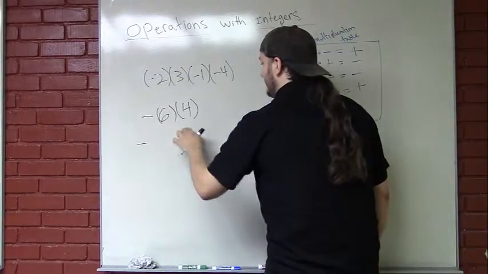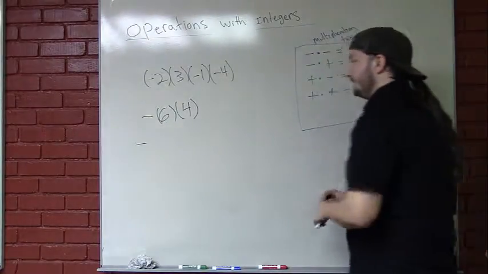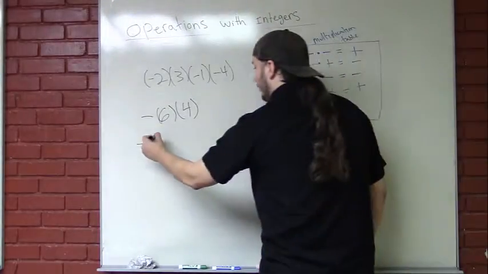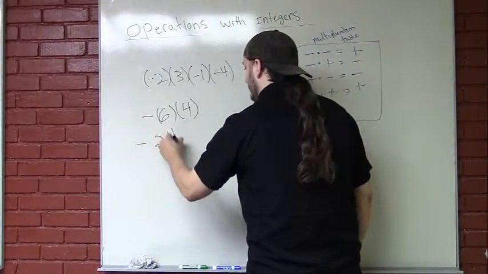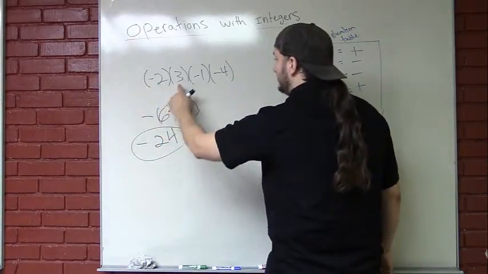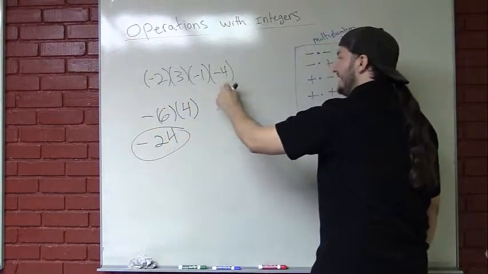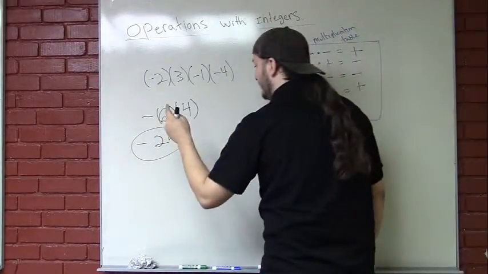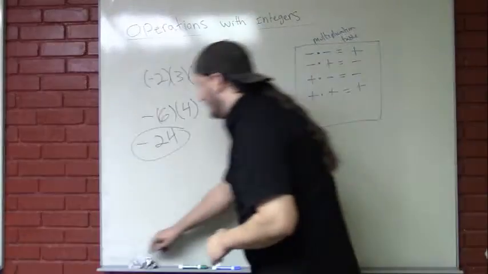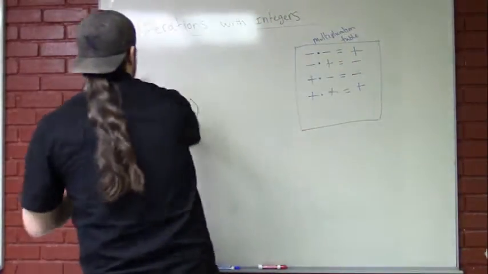So what's 6 times 4? It is 24. So -2 times 3 times -1 times -4 is -24. Okay.